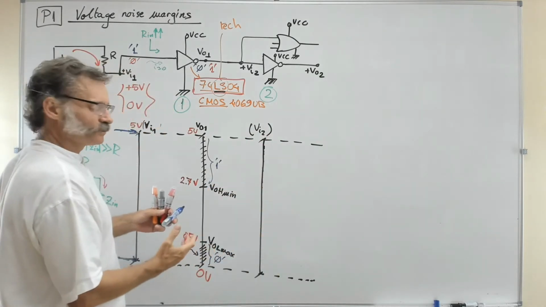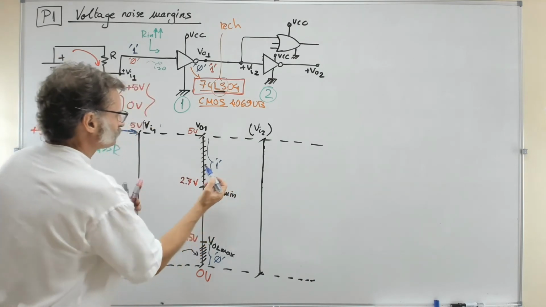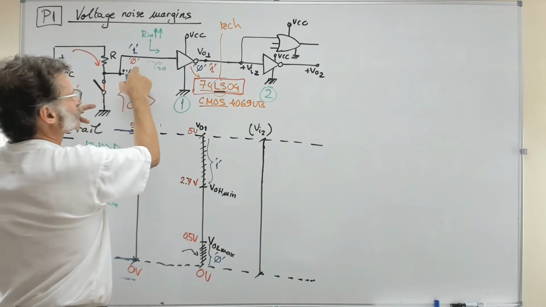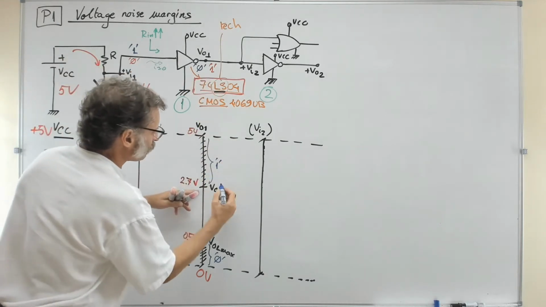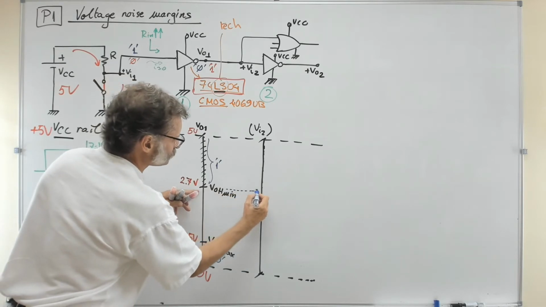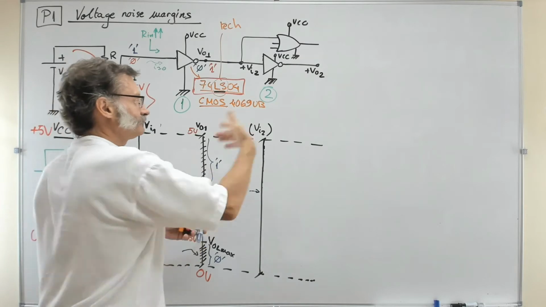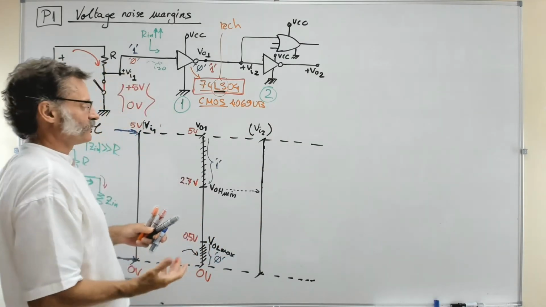So what do you have to say here? Look at this. Even if you are generating a 1, which is the minimum voltage possible, okay, this gate at the input has to understand that as a 1, because if not, there is a problem.